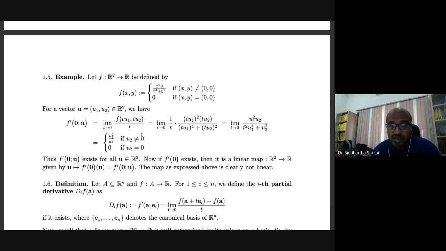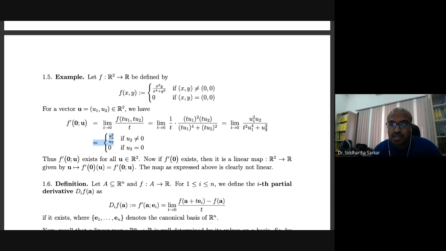If I guarantee my u2 is non-zero, then even if u1 is 0, the entire thing is 0. If u2 is 0, the entire thing is 0. So therefore, the limit would exist. If u2 is non-zero, irrespective of what u1 is, you get u1 square by u2.